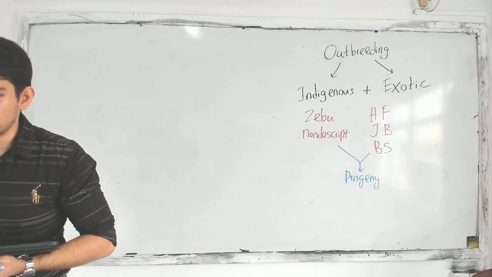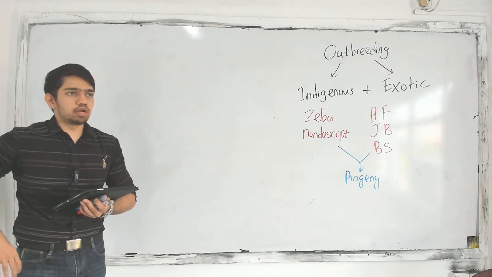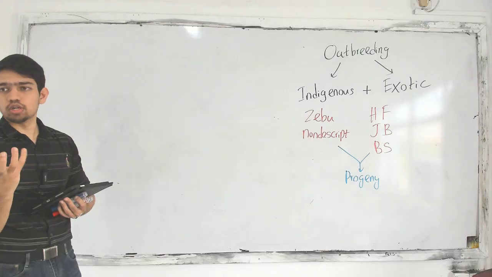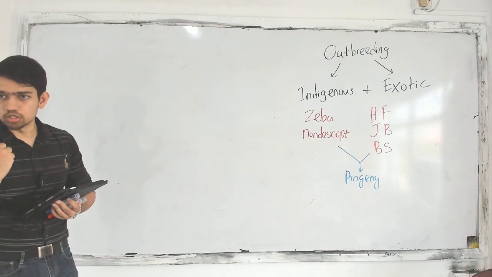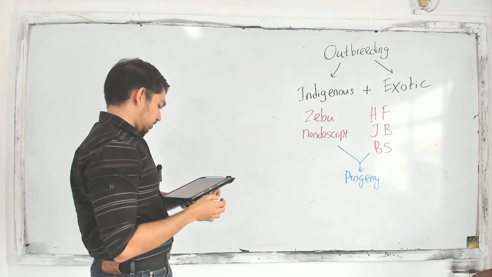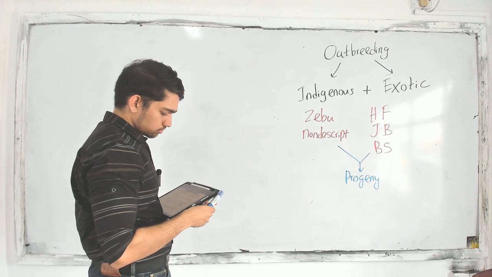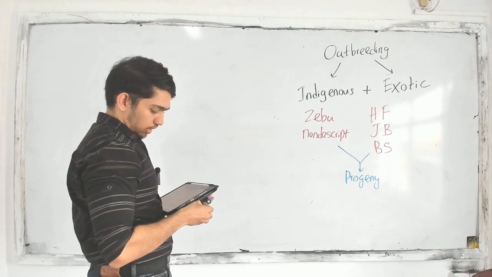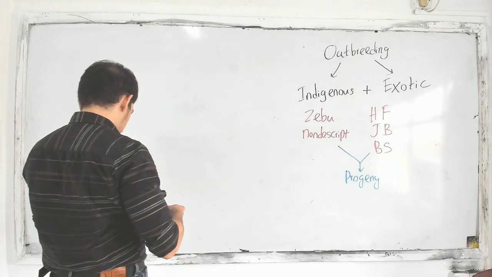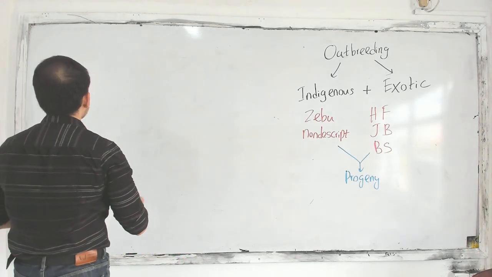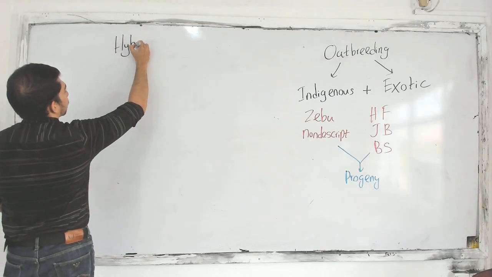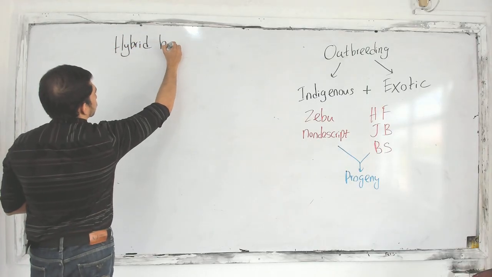So what we are going to do in hybrid breeding is combine two nice characters of the two parents, so you get one all-in-one progeny, all-in-one generation. So the definition is: when genetically unrelated purebred plants or animals of the same species are mated with each other. Hybrid breeding.